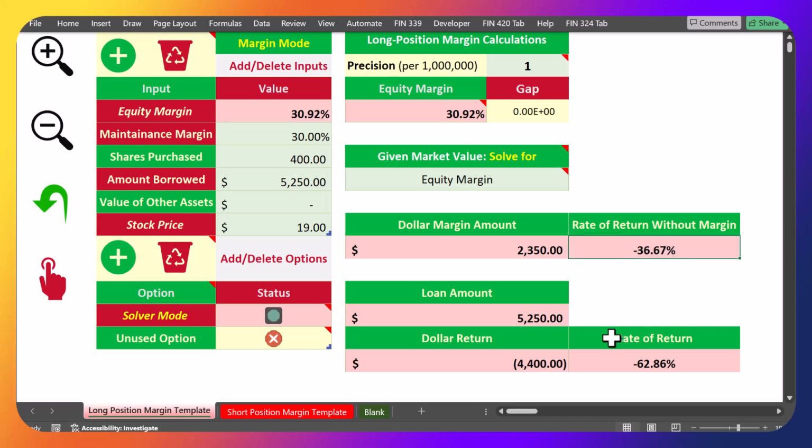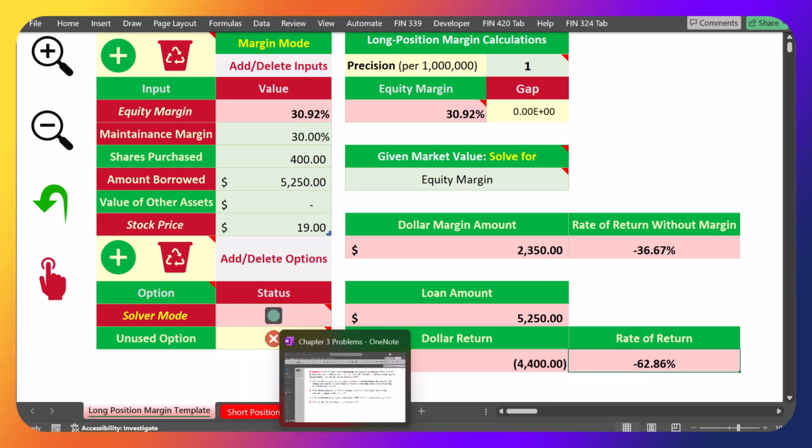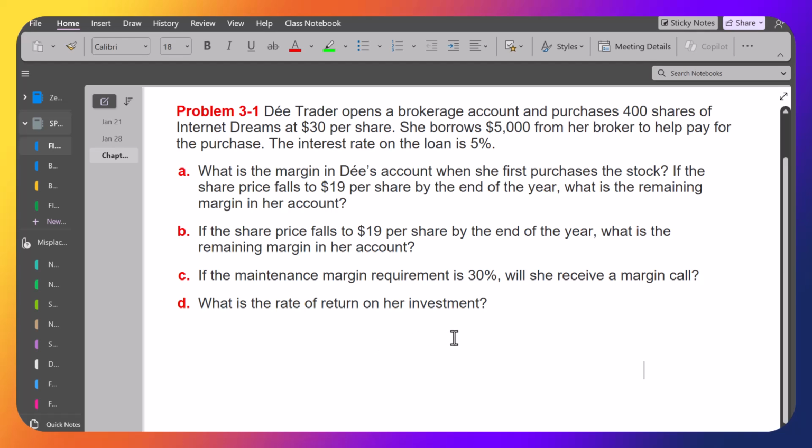So if you had not used margin, your rate of return would have been, or rate of loss in this case, negative 36.67%. But since you borrowed, your rate of loss is much higher, or your rate of return is much lower. Anything else on this problem? No.